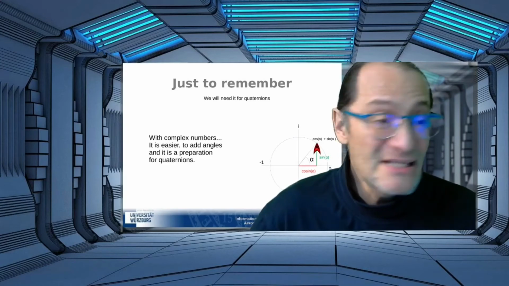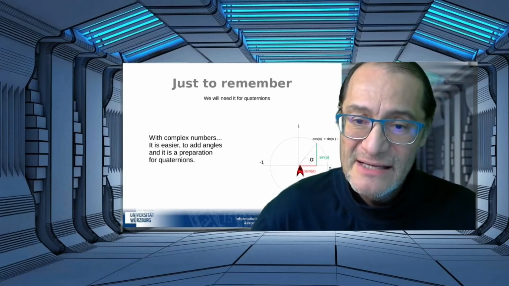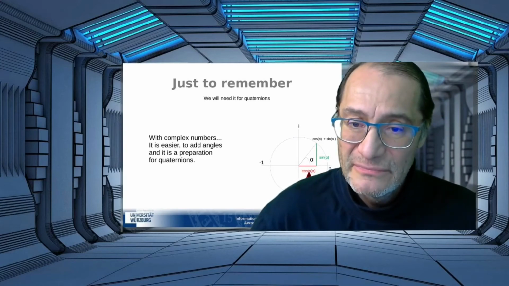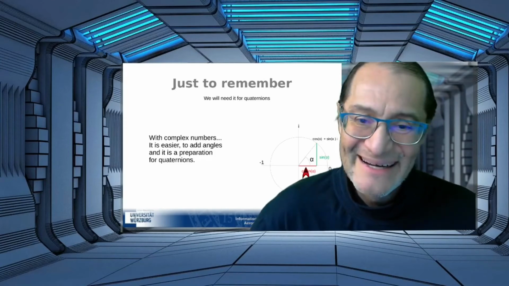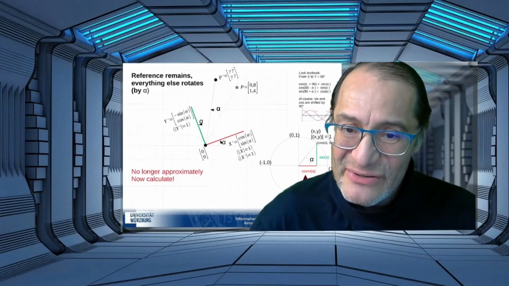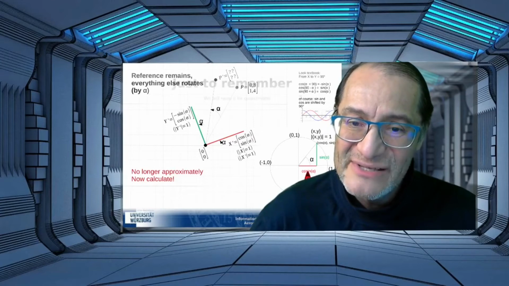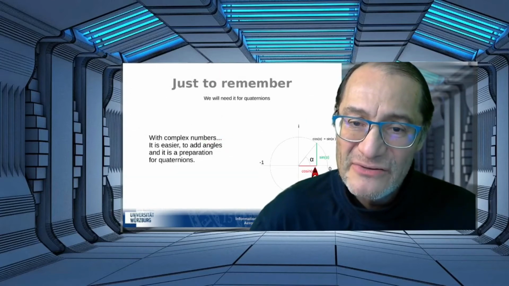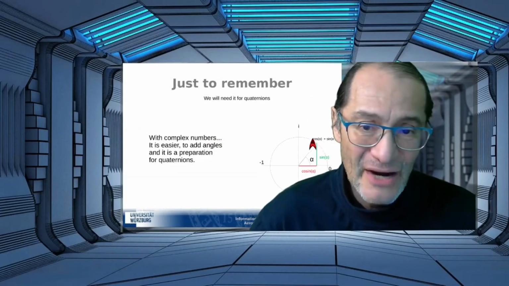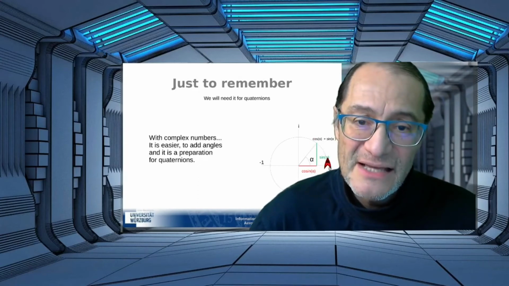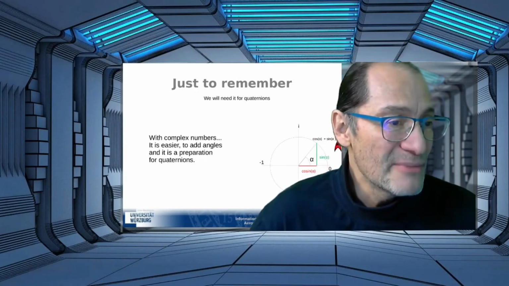Then this point will have these coordinates, cosine. Oh, sorry, this is cosine, yes. This is cosine of alpha in the real value plus sine of alpha times imaginary.